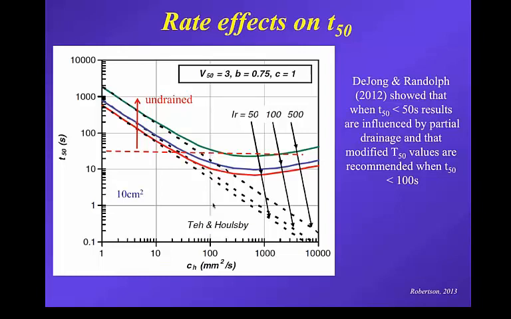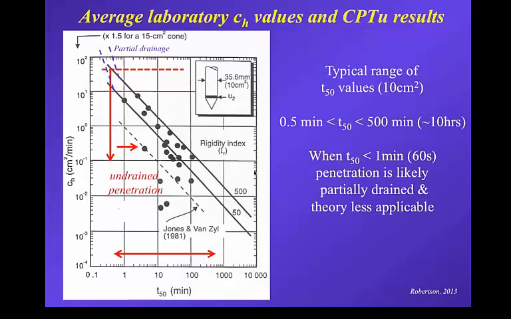Because of partial drainage, the excess pore pressure isn't as big as it should be, and so the T50 that you record ends up being too large. And so there's an error. Instead of getting T50s that maybe should be 1 second, you're getting something up around 10 seconds because of the shift of the curve.